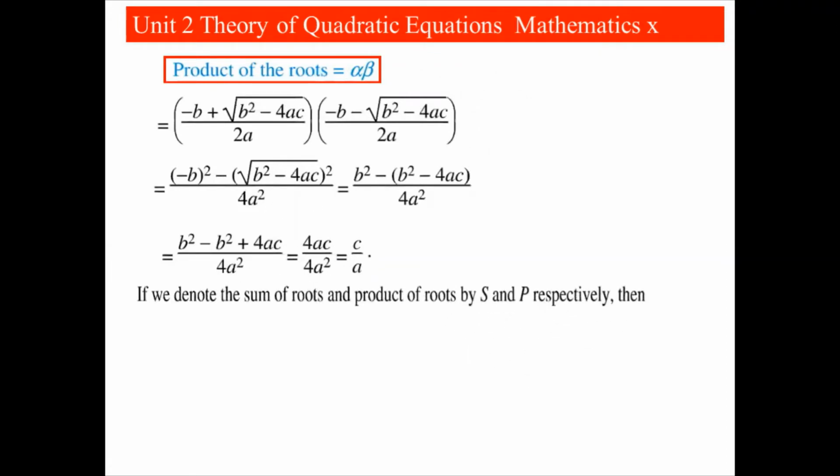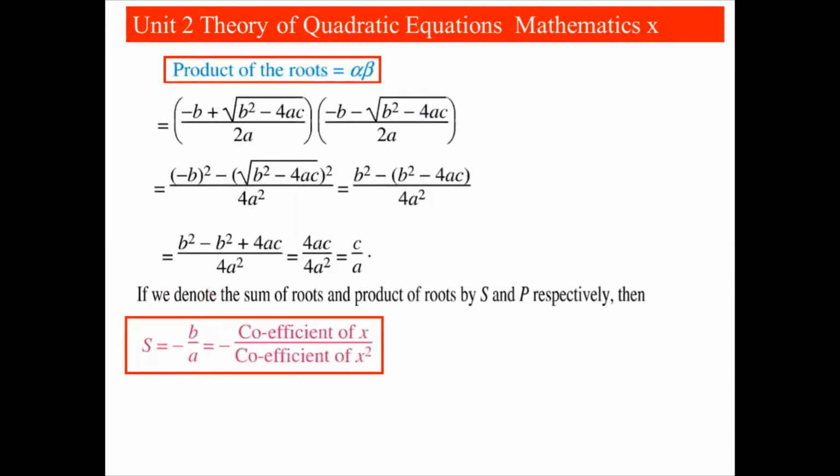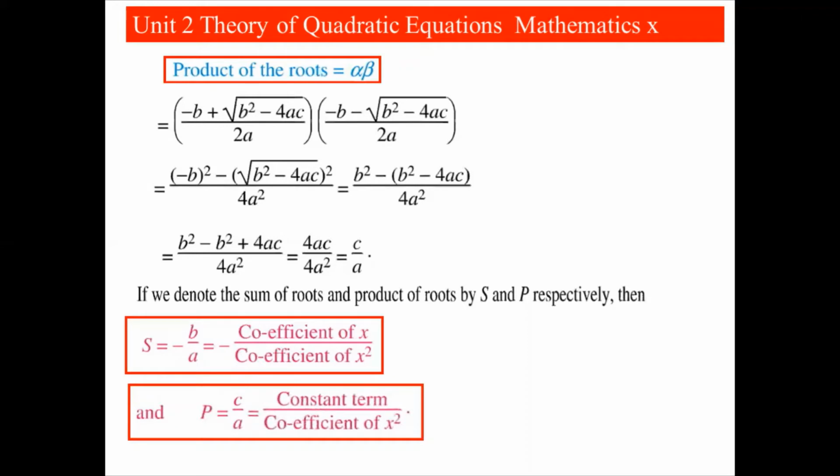If we denote the sum of the roots with s and the product of the roots with p, then the sum of the roots will be equal to minus b by a. We know that the coefficient of x is b and the coefficient of x² is a. So the sum of the roots is equal to minus the coefficient of x divided by the coefficient of x², or minus b by a, and the product of the roots p is equal to c by a, where c is the constant term and a is the coefficient of x².